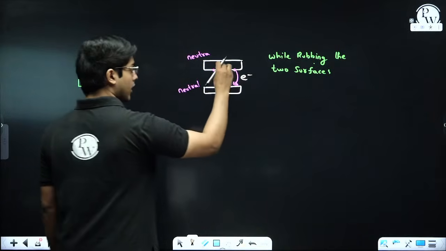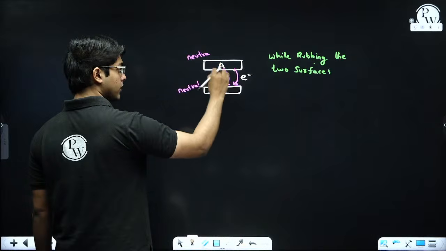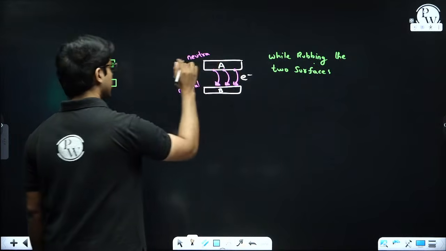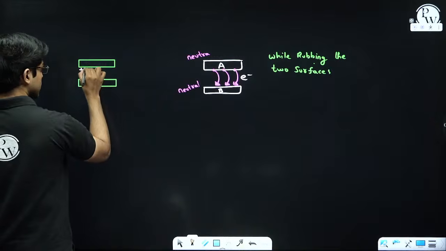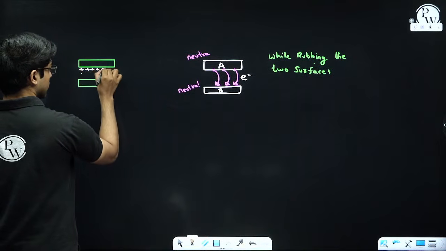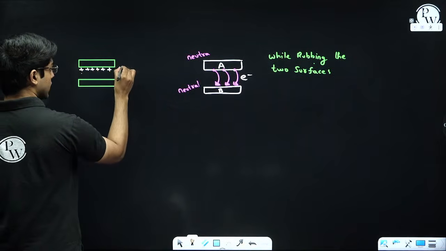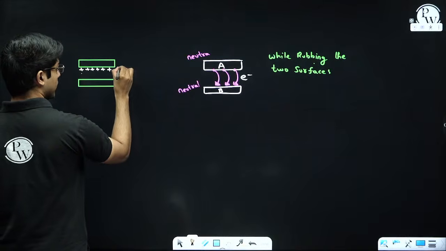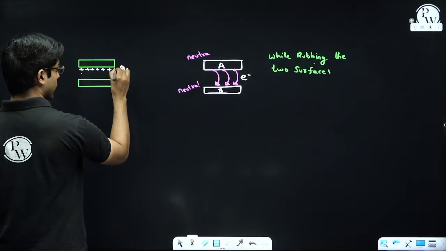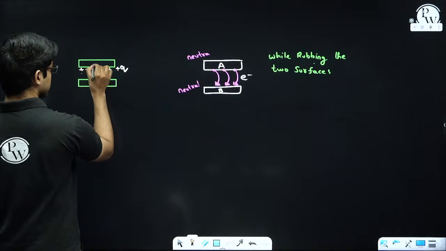Electrons from A jumped into B, so A lost its electrons, right? So A will become positively charged. Let's say its charge is now some plus Q.